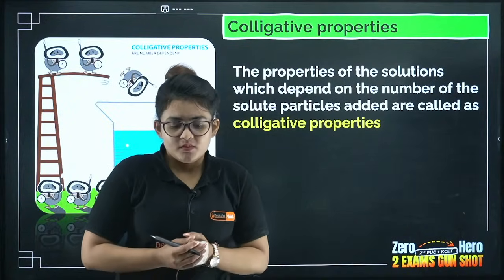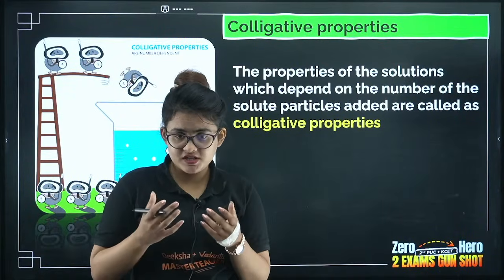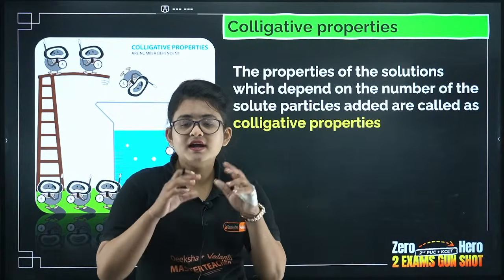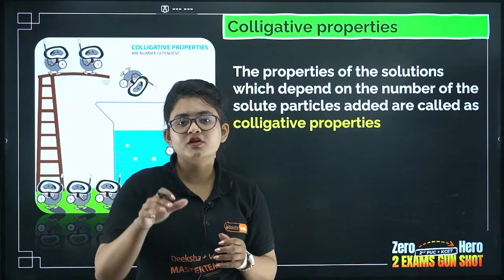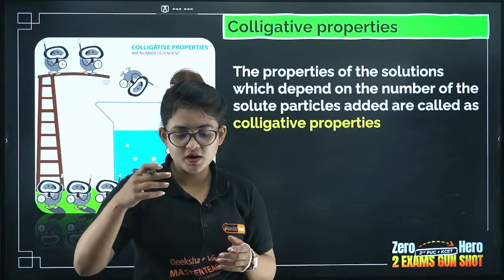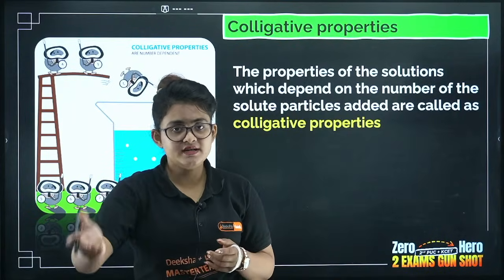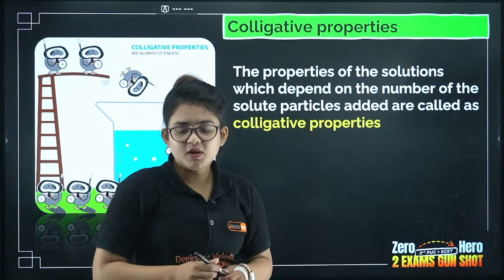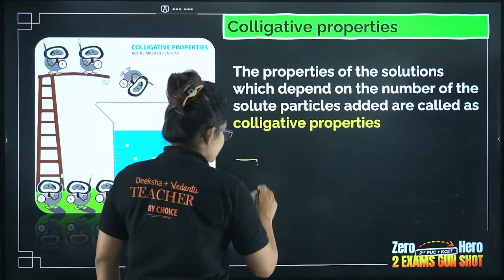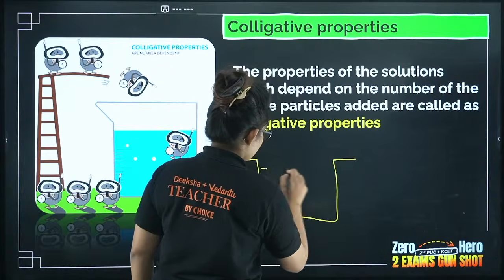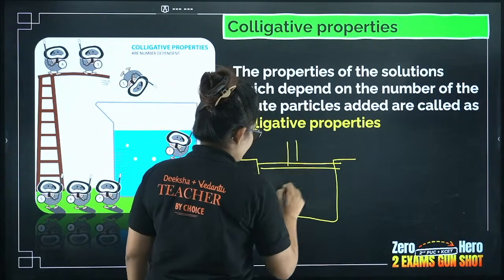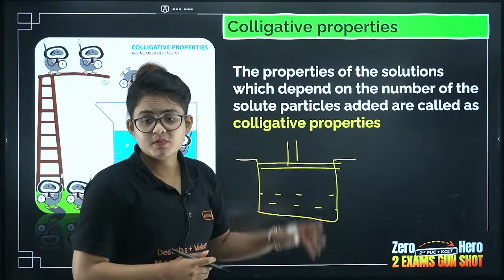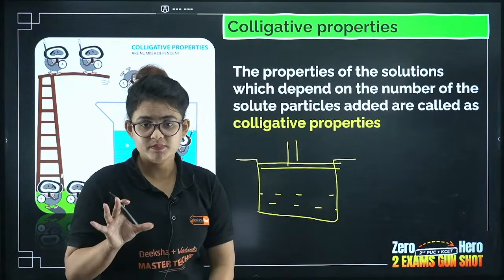Okay, let's proceed. So why does this colligative property come? Let me tell you, my dear, please remember the composition in which case we will get the colligative property. We need a volatile solvent and a non-volatile solute. Whenever you have a volatile solvent, that solvent will try to evaporate in its normal pure state.